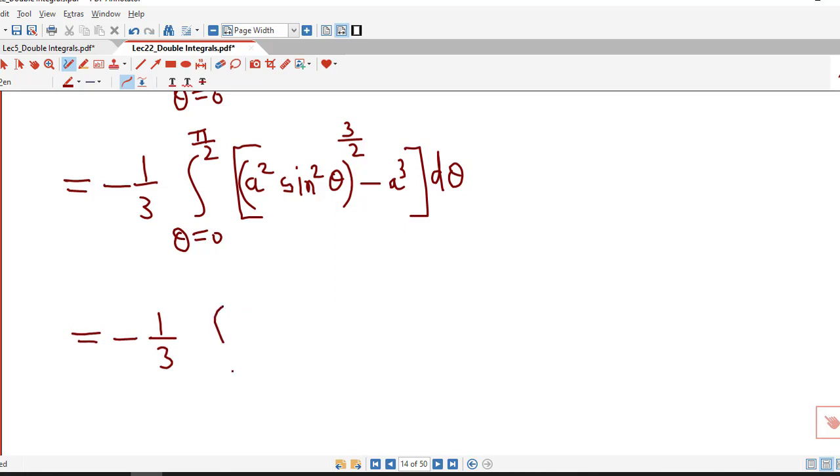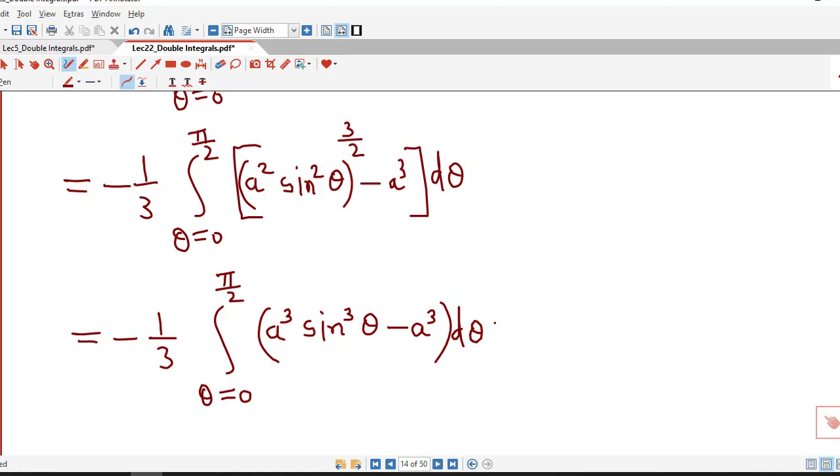So minus 1 by 3, theta is from 0 to pi by 2, a square raised to 3 by 2, that is a cube, and this is going to be sin cube. Okay, sin square theta raised to 3 by 2 minus a cube d theta.